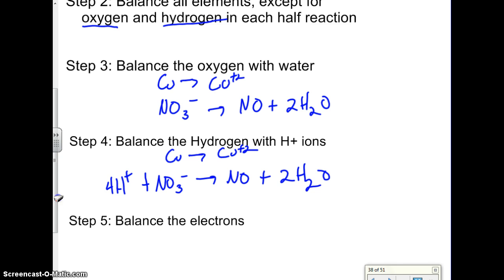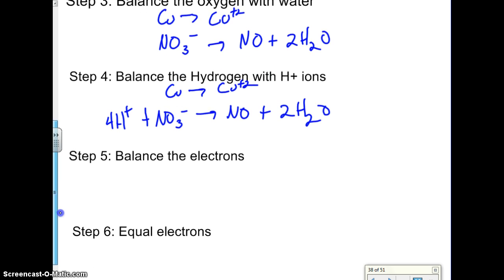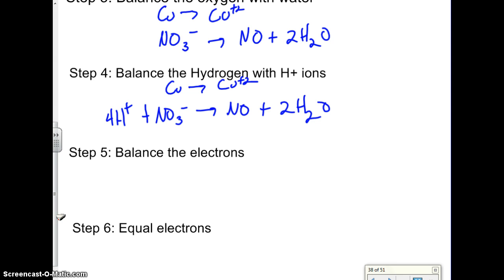Okay? From there, this is where we start getting to something a little more familiar, which is balancing our electrons. Instead of looking at individual elements, we'll look at the whole reaction and we'll look on each side of the reaction. So over here, 4 hydrogen ions is a plus 4, and then we have nitrate, which is a negative 1. Over here, we have 0 and 0.